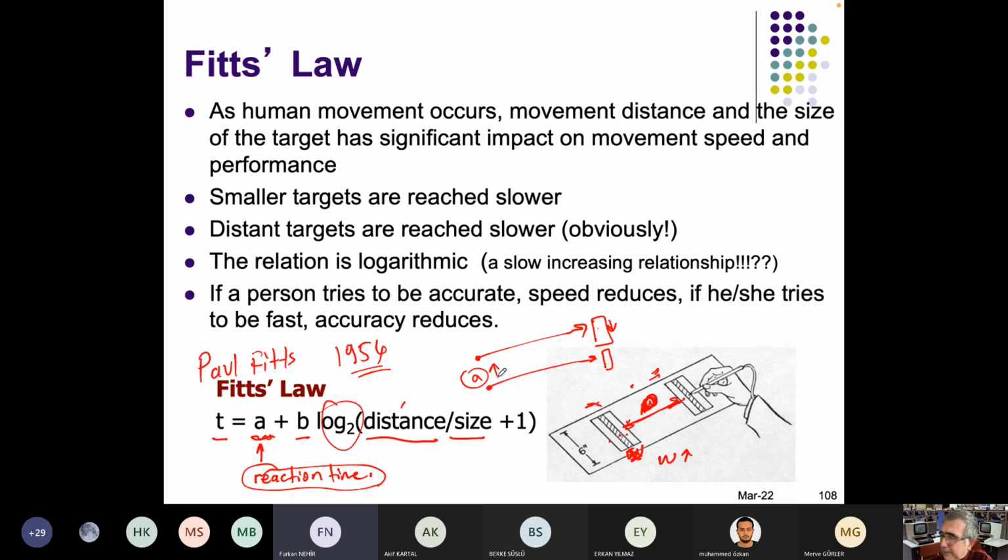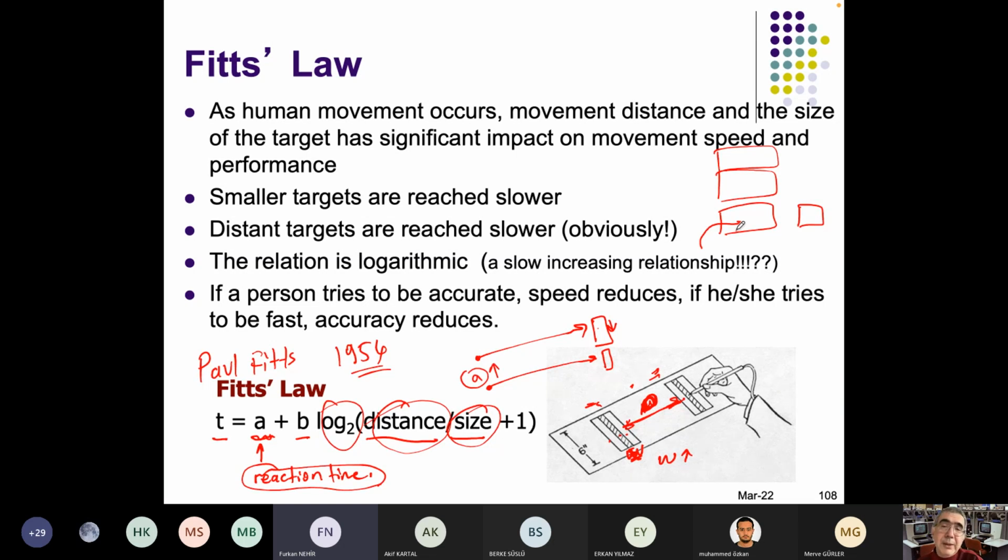What does this tell us? The menu sizes, button sizes. If you make the buttons too big, then distance becomes an issue. If you make them small, then size becomes an issue. So it will be something in the middle so that they will be clicked with relatively easy manner.